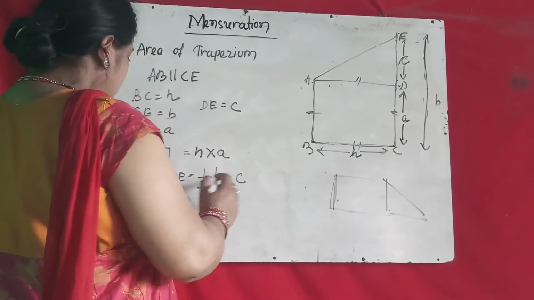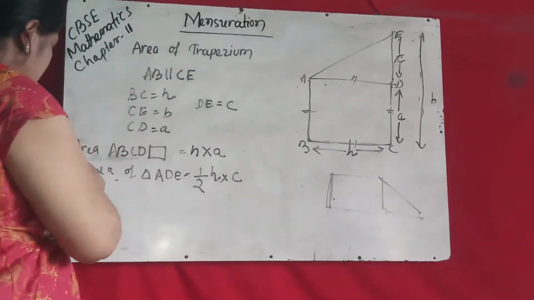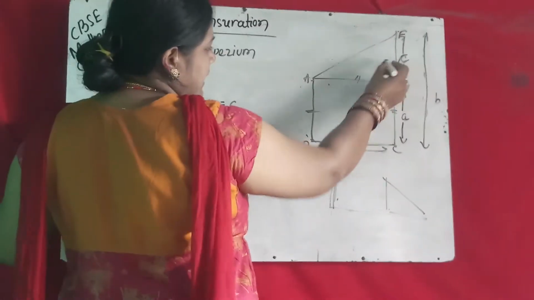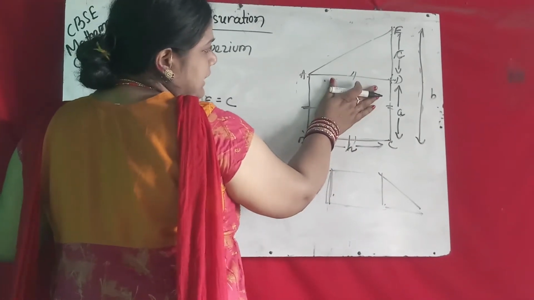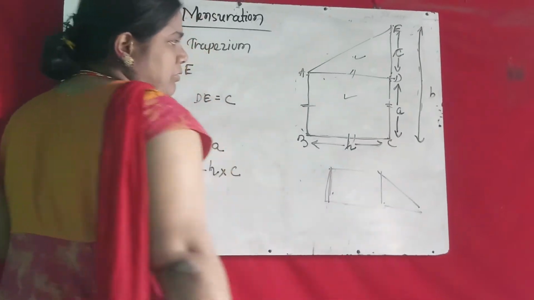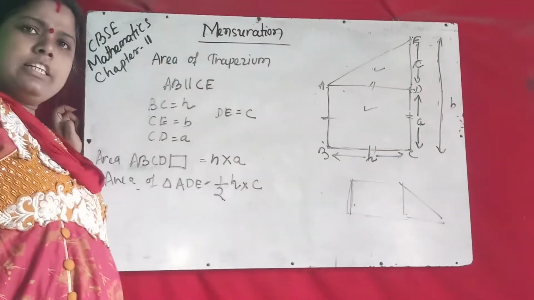When we add the area of rectangle ABCD and the area of triangle ADE, we get the complete area of the trapezium.